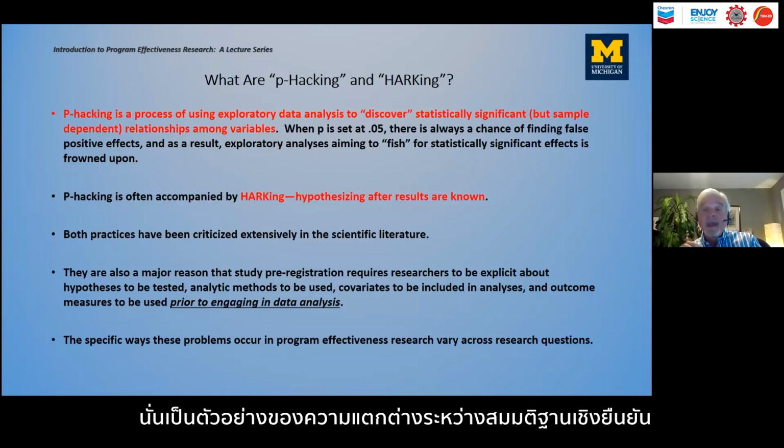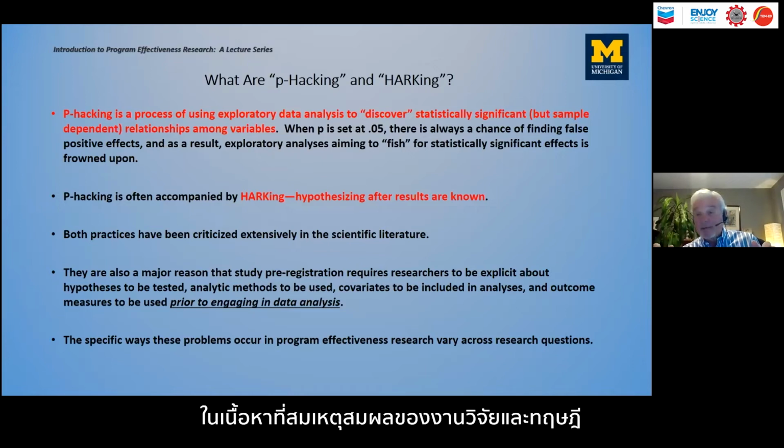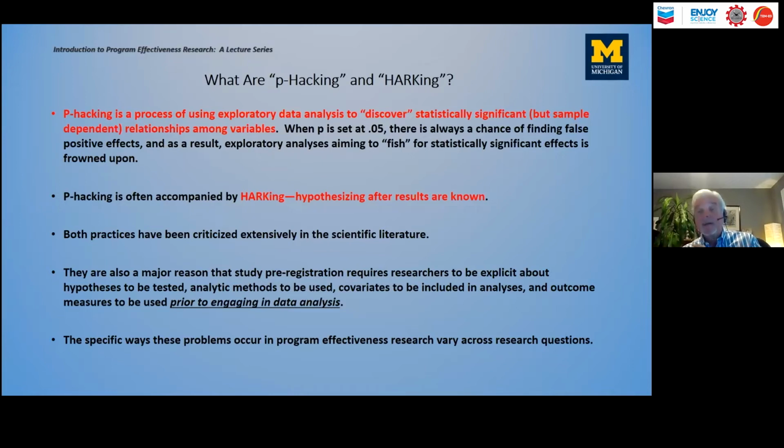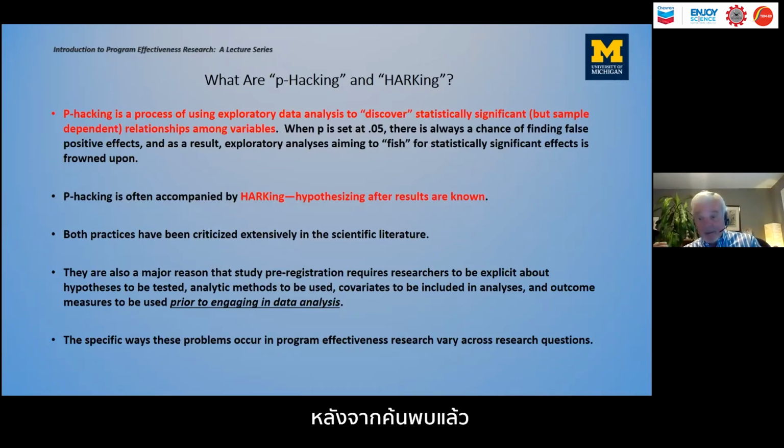Okay, that illustrates the difference between a confirmatory hypothesis and an exploratory hypothesis, and why confirmatory hypotheses, which are specified in advance and usually grounded in some reasonable body of research and theory, are better than these exploratory findings with after the fact theorizing.